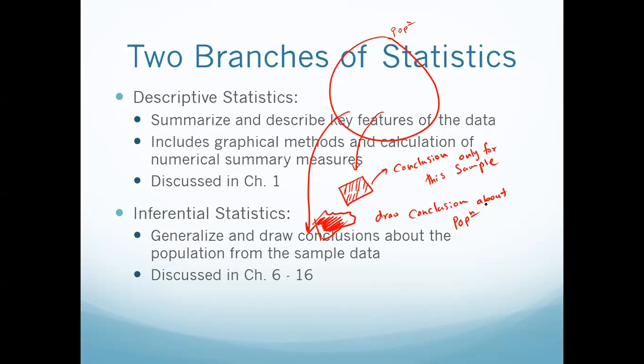Clear? That's the difference. Normally we use both, so from time to time we can change it, based on our interest. If we need to tell something about our population, then we can use inferential statistics. Otherwise, we can consider descriptive statistics. Okay.